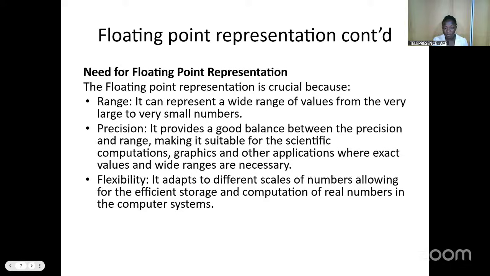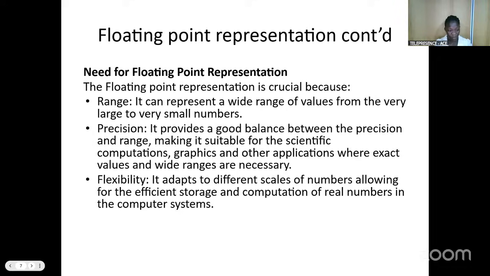So the need for floating point representation: for everything that we have, there is an advantage and disadvantage. Floating point representation is crucial because, number 1, of the range. It can represent a wide range of values, from very large to very small numbers.